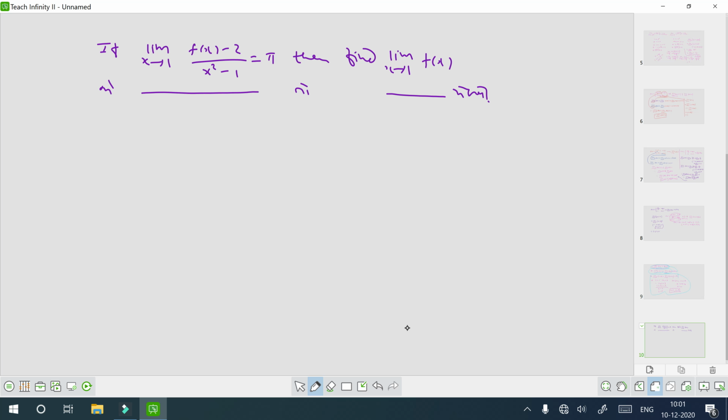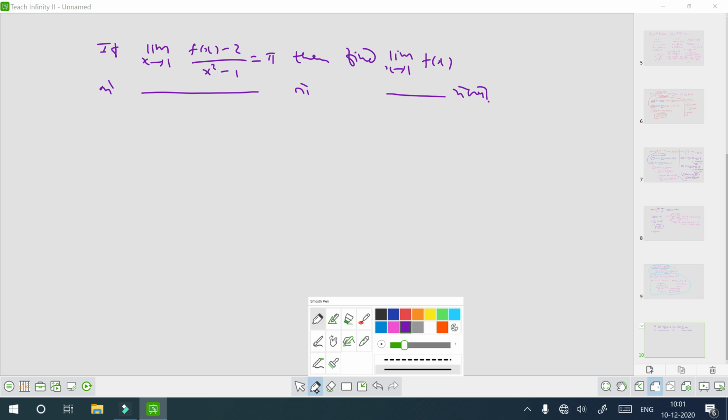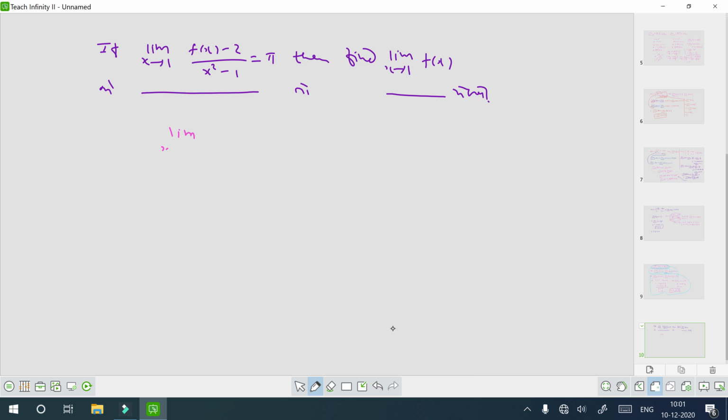Clear? Very interesting question. Here it is given that limit x tends to 1, f of x minus 2 over x square minus 1 is equal to pi. So this limit exists, that is given to us.